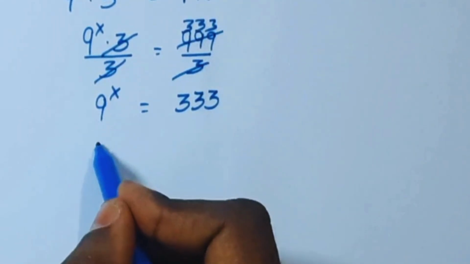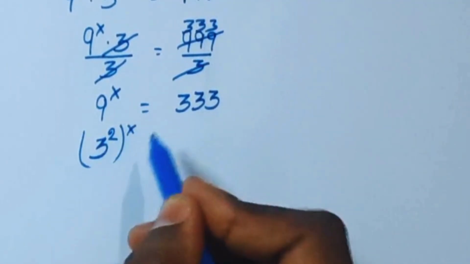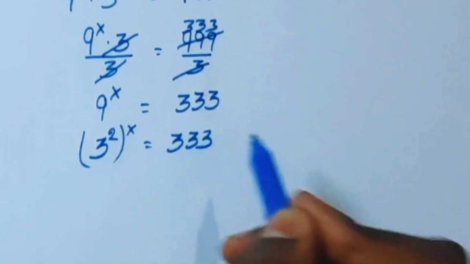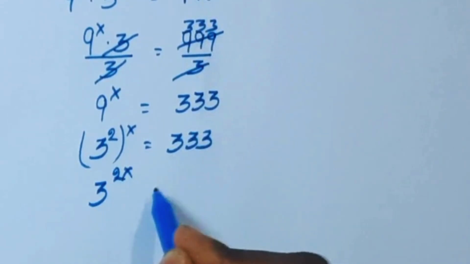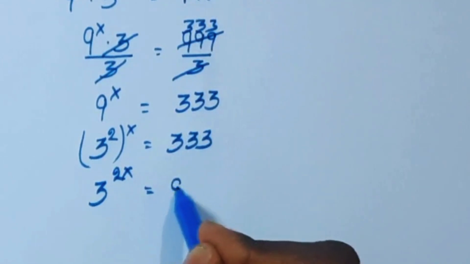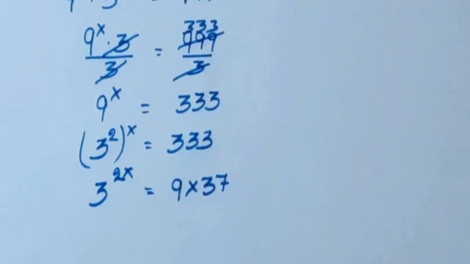Now this 9 can be written as 3 power 2 whole power x equal to 333. So 3 power 2x equal to, this 333 can be written as 9 times 37.